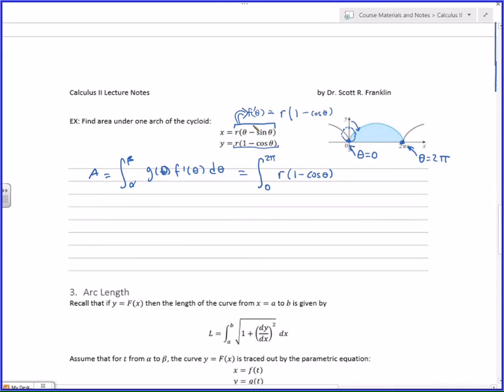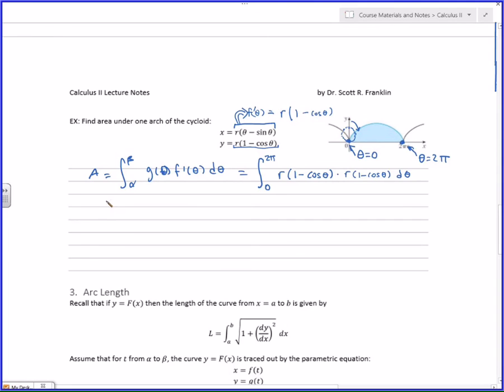If you multiplied the r out, you'd have r minus r cosine theta, but you can then pull the r back out. Or you can just use the rule that when you take the derivative and you've got a constant out front, the constant just stays there. And you can take the derivative of what's inside. So 1 minus cosine theta. So this is going to be times f prime, which is r times 1 minus cosine theta. It's just a coincidence, by the way, that f prime matches g. But in this case, it does.